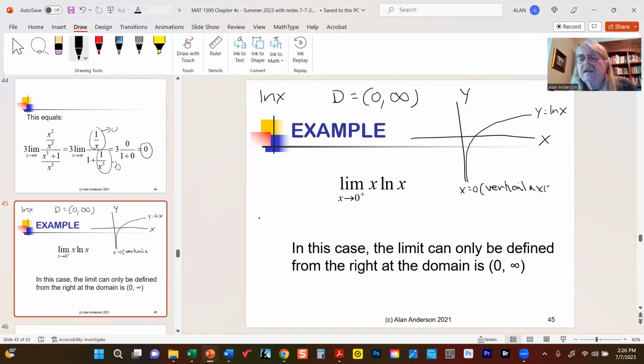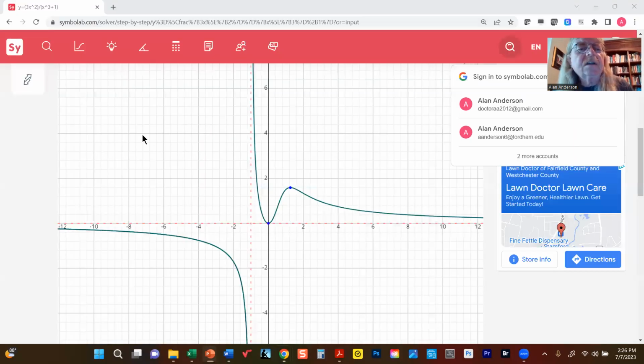And that's why the domain does not include the zero. So this is just some function of the log of x. Because of this, we can't allow x to approach from the left, because all these values are undefined. Now, let's take a look at the graph anyway, just to see what it looks like.